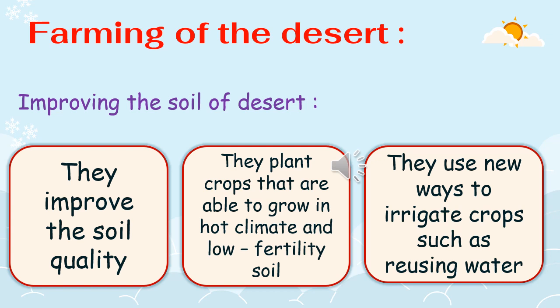And also you know that there is just a little water inside the desert, so they use new ways to irrigate the crops, like recycling the water to farm the desert. Also we can use solar energy which comes from the sun, and we can use wind turbines.